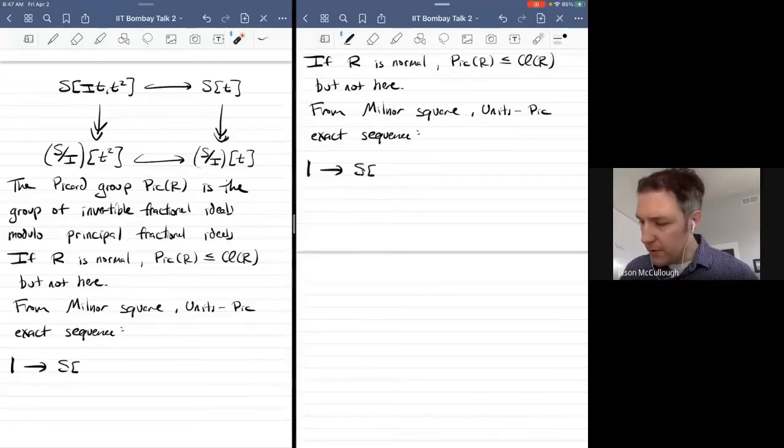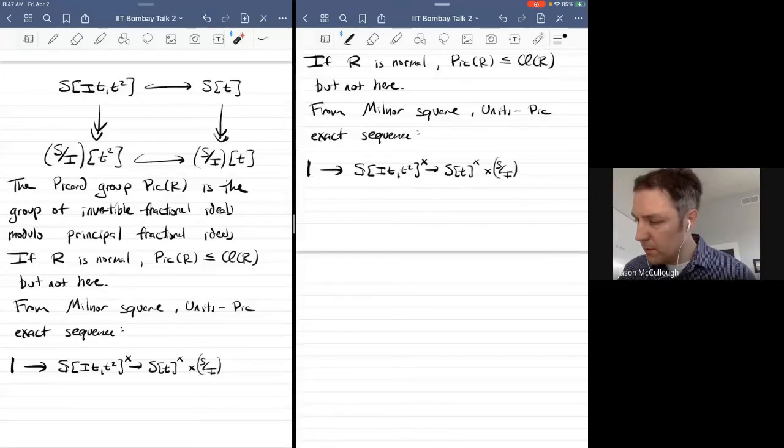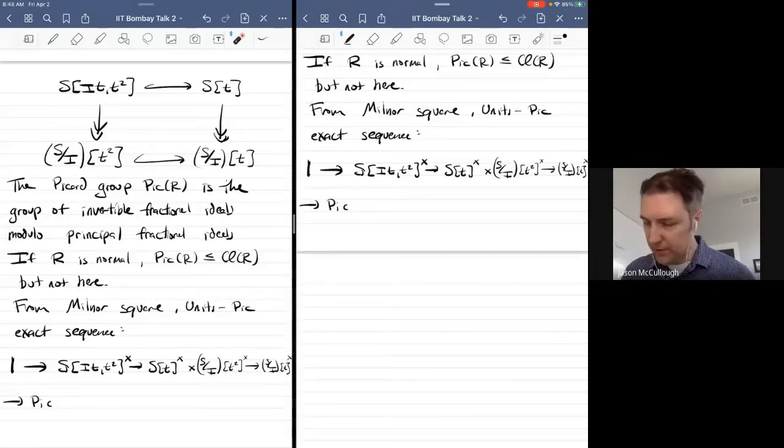It starts with the units group of the Rees-like algebra to the units groups of the things on the two diagonals, to one more group of units. Sorry, I have to squeeze this in here. And then the second row are just the Picard groups of those rings.